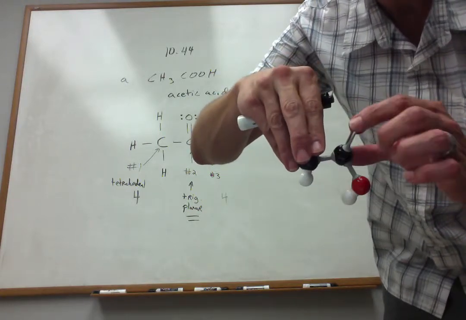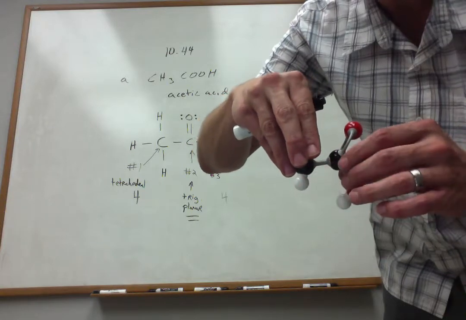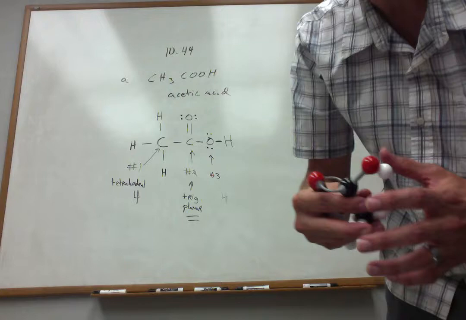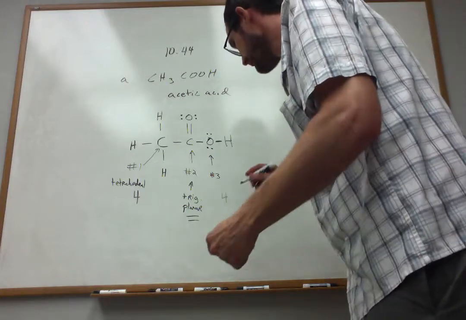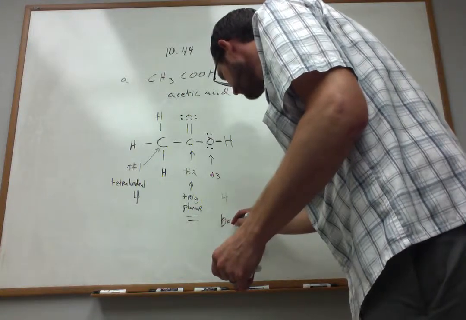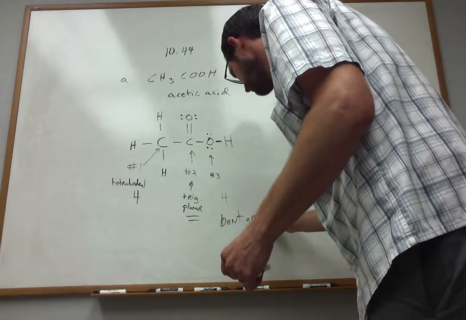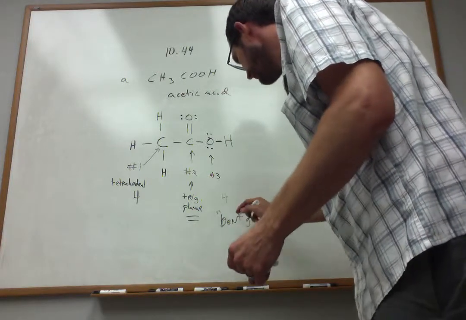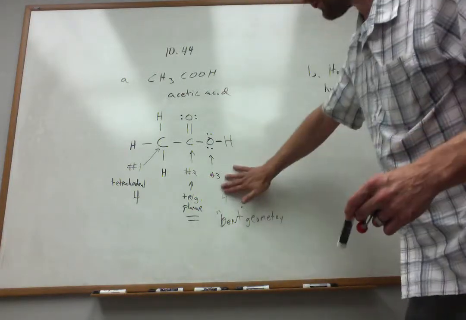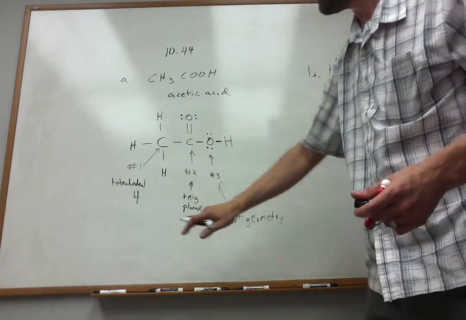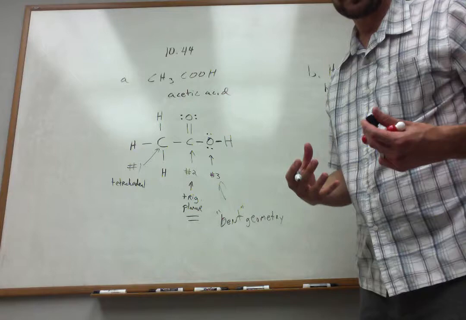And all we're left with is this bond and this bond, okay? You can see that reflected over here. So that's reminiscent of the geometry in water. It's called bent.